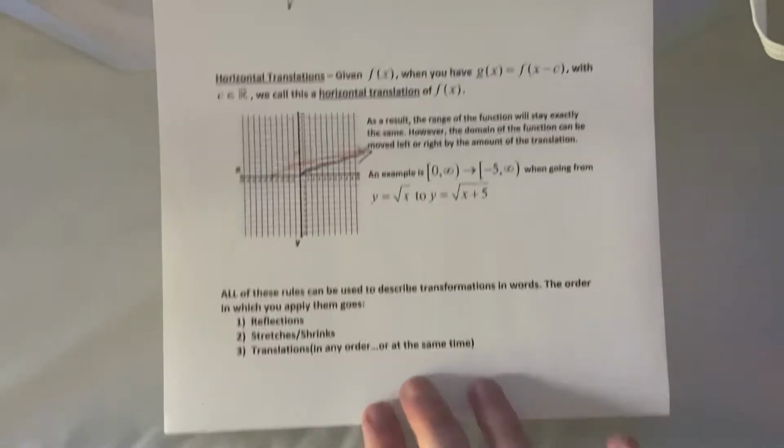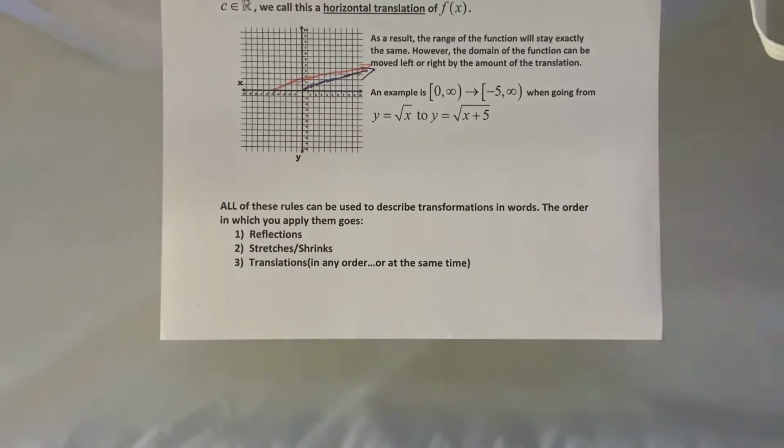Now, generally speaking, these rules, the vertical stretches and shrinks, the reflections, and the translations, all affect things. So we'll talk about how this will work in a problem. But the order you really need to apply them is probably reflections first, then stretches and shrinks, and then translations. The reason that you need to do it in that order has to do with your order of operations.